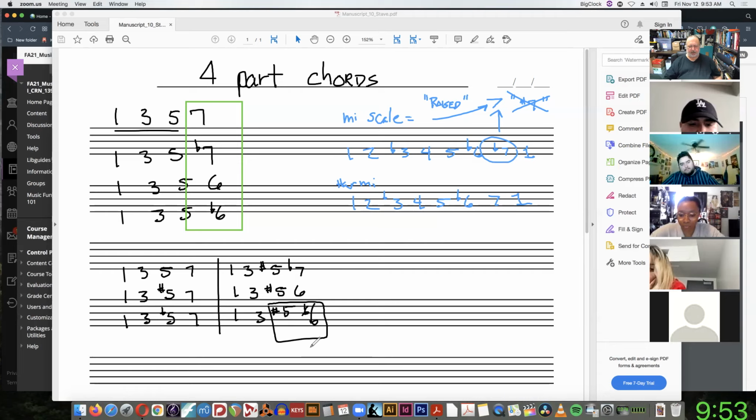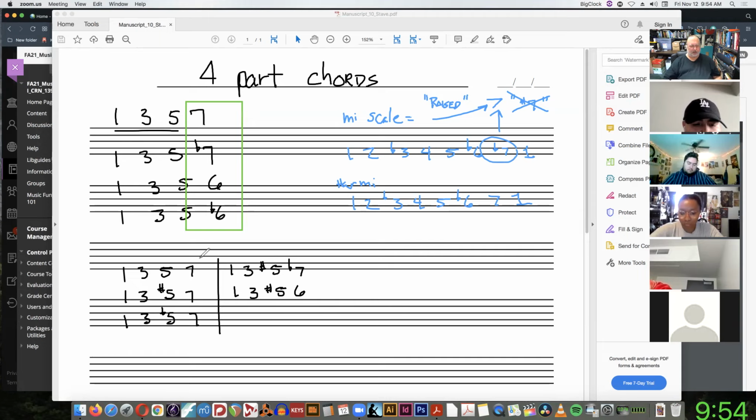Those, don't those cancel each other out? Sharp 5 is the same note as flat 6, right? Isn't that true? So this chord 1 3 sharp 5 flat 6, that's not a thing. So we don't go there because they cancel each other out. So we deduce that by trying it.